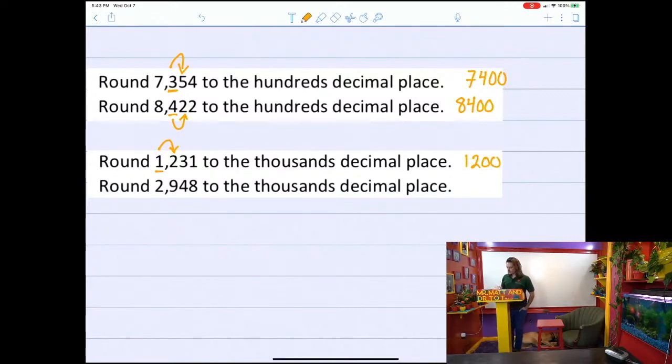The fourth question, still rounding to the thousands, so we're rounding to this decimal place, looking to the right, that's a 9, so we're going to bump this up to 3,000. Oh, excuse me, I'm sorry. The third question, we're rounding to the nearest thousandths decimal place. My apologies. So this would be rounded down to 1,000 because we're rounding to the nearest thousand. If we were rounding to the nearest hundredth, then it would be 1,200.